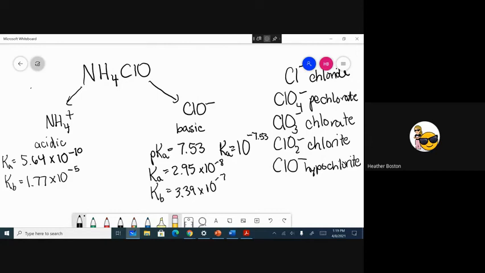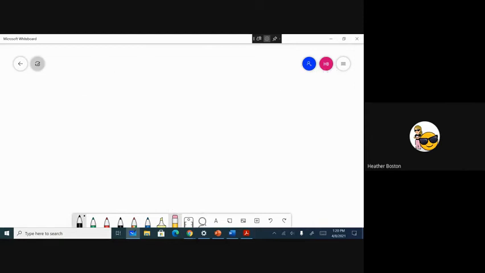So actually, in this case, ClO wins out. That being said, do not expect to see any salts that have an acidic cation and a basic anion. For our purposes here, one of them will be neutral, okay? So we're not going to do the battle of the Ka, Kb at this level.